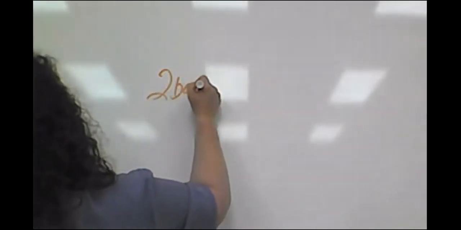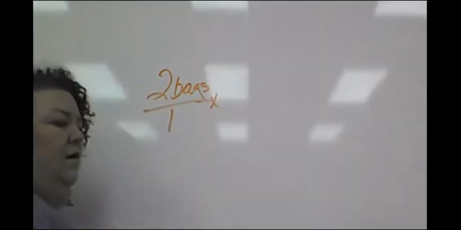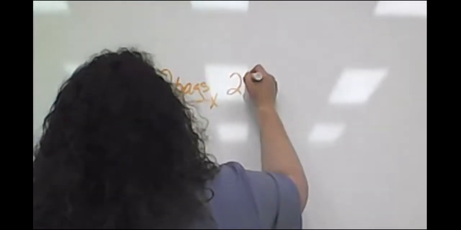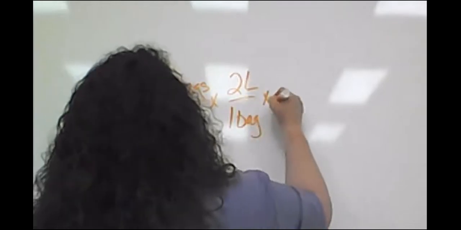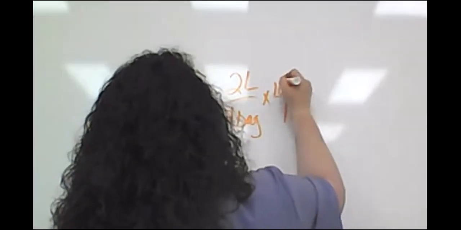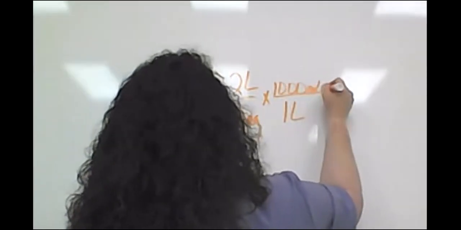So again, we're starting with bags because we have 2 bags, right? There's my 2 bags. I'm going to set that over 1. I also know that each bag contains 2 liters. That's 2 liters for each bag. I'll also know that for every 1 liter, we have 1,000 ml.